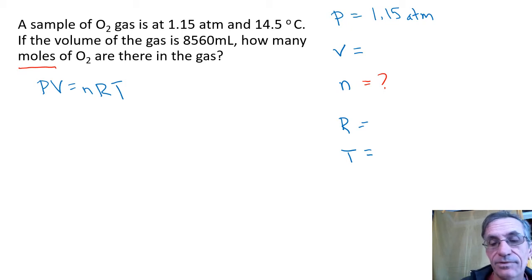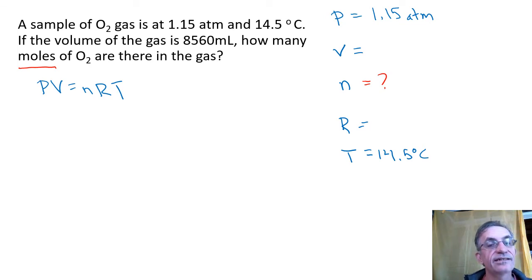That is my temperature. I'm going to just keep on reading the question. If the volume of the gas is 8,560 milliliters, so we have 8,560 milliliters, how many moles do we have? So it looks like we're in pretty good shape.